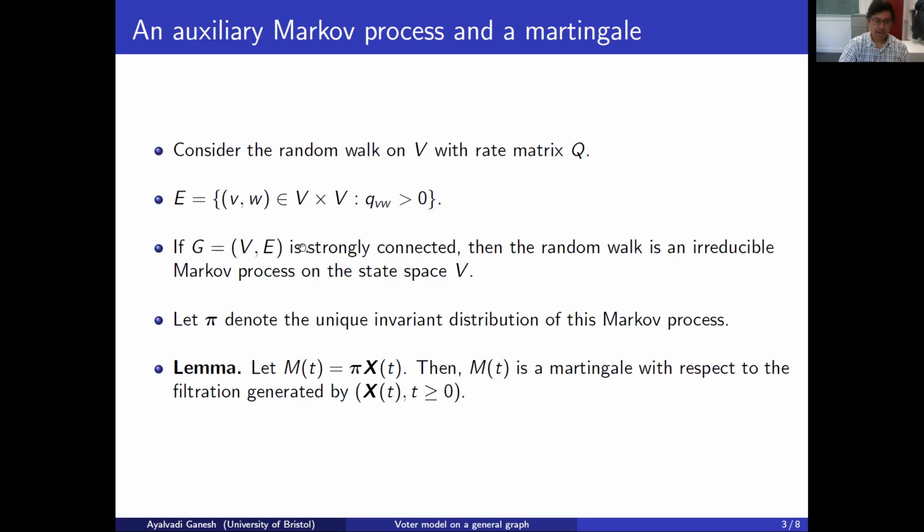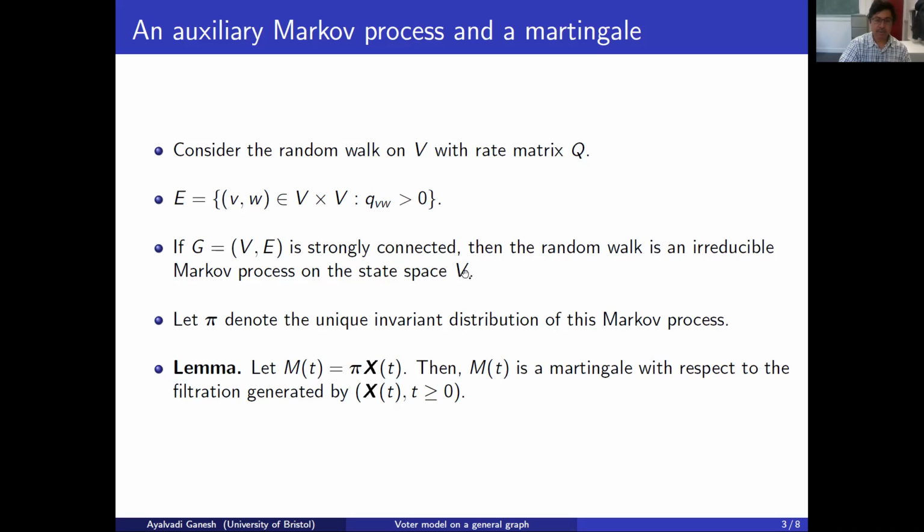And so if the graph is strongly connected, then the random walk is irreducible. You can get from any vertex to any other vertex. And it's Markovian because we defined it to be such on the state space V. So we know this is a finite state Markov chain.